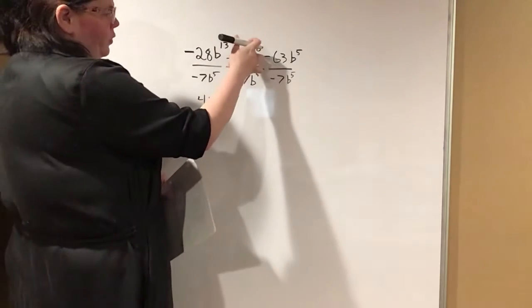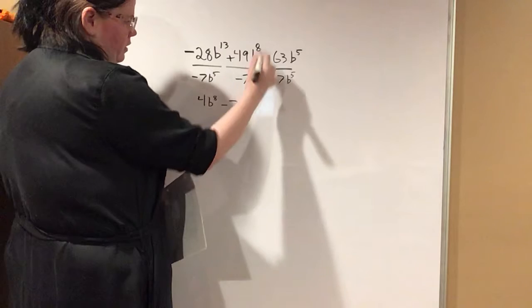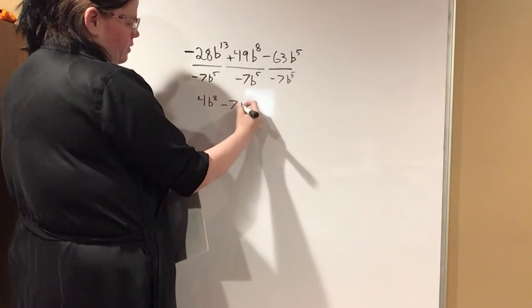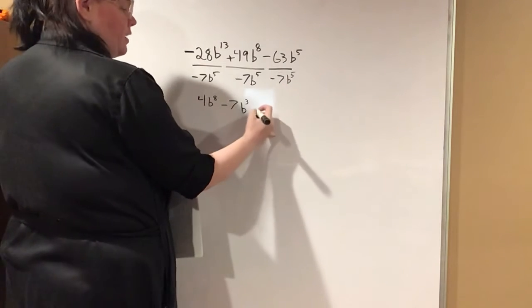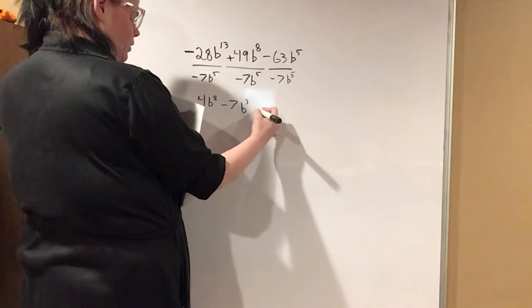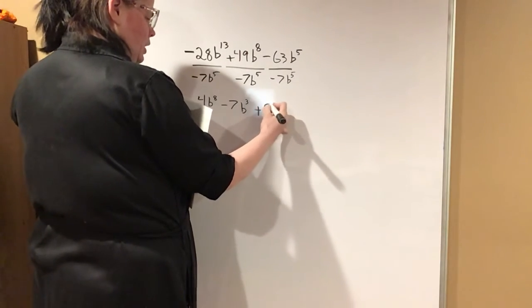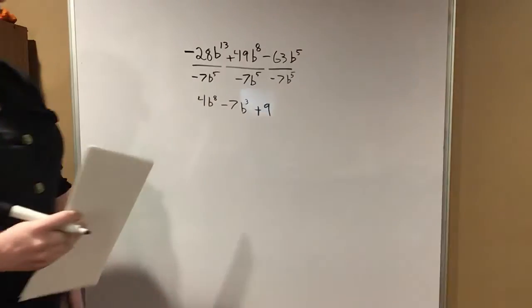And then 49 divided by negative 7 is a negative 7. 8 minus 5 is a 3. Negative 63 divided by a negative 7 is a 9. See, my brain again. And then 5 minus 5 is 0, so the b goes away there. And that is divided.